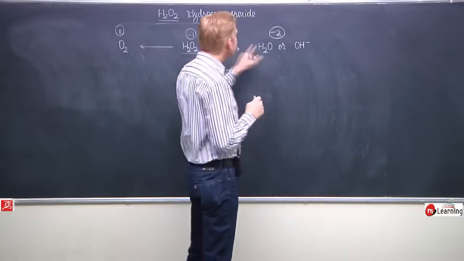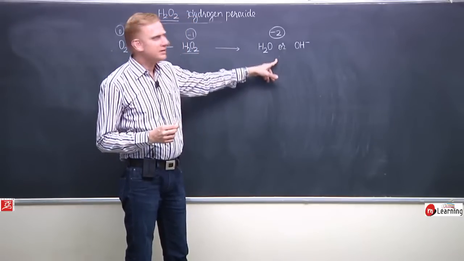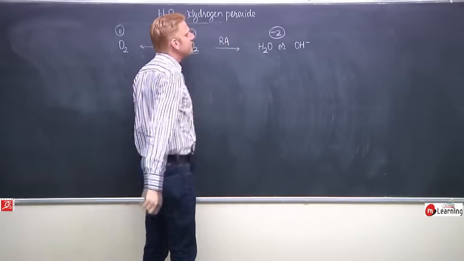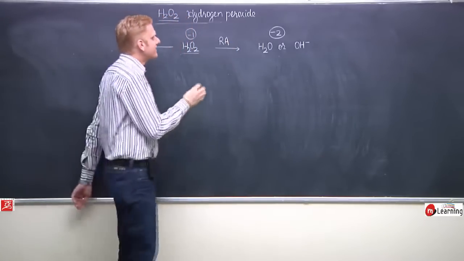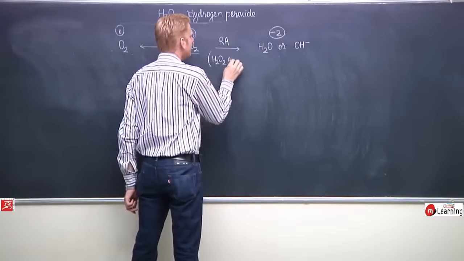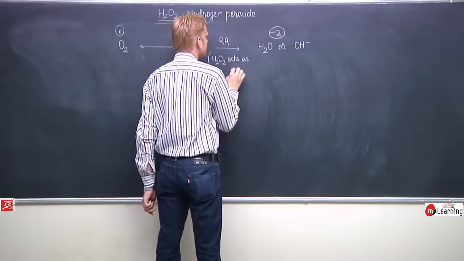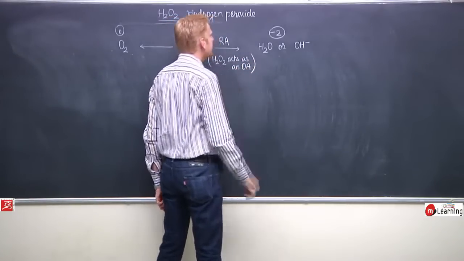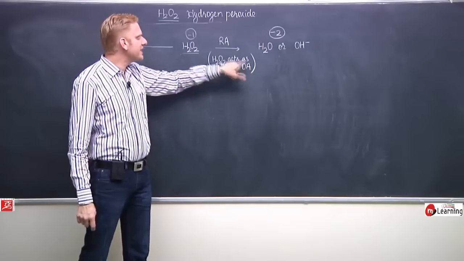It itself will be reduced from -1 to -2 oxidation state. So for this change, the reagent required should be of reducing nature. In other words, for the reaction H2O2 acts as an oxidizing agent.